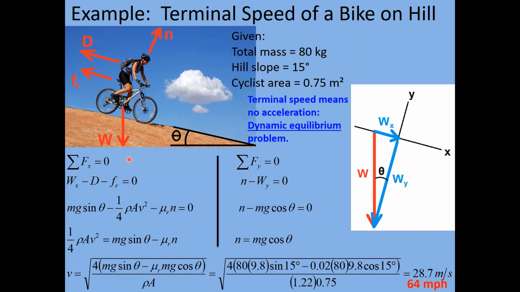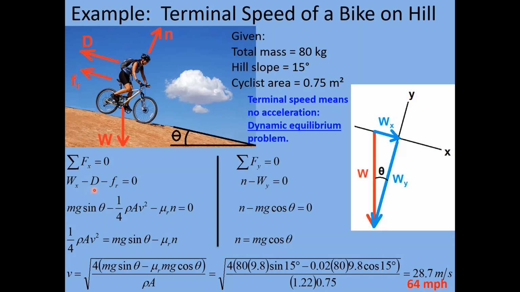In the X direction, the sum of the forces is equal to 0. Looking at our diagram, in the X direction we have the weight force X component, W sub X, pointing along the X direction. That's why I listed that first. And then in the negative X direction, we have drag and rolling resistance.